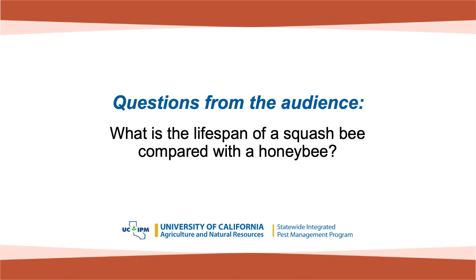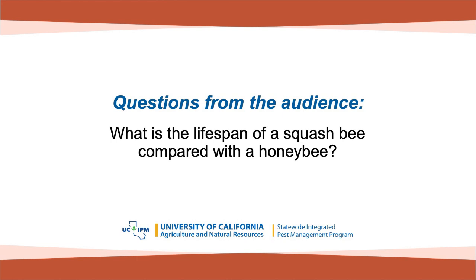I can monitor populations, but individual bees are much more difficult, because I can put a red dot on a bee, but as she goes in and out of her nest, that red dot often gets rubbed off, and so I lose track of her very quickly. So it is a question I'm trying to think about, but I have not found any smart way of answering it. I do know that they don't live longer than a month, because once squash are not in bloom, they die of starvation.